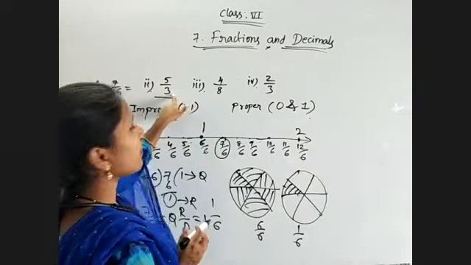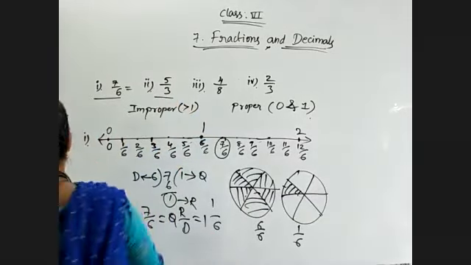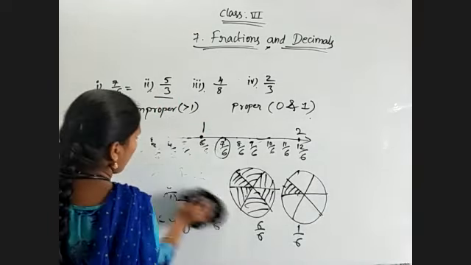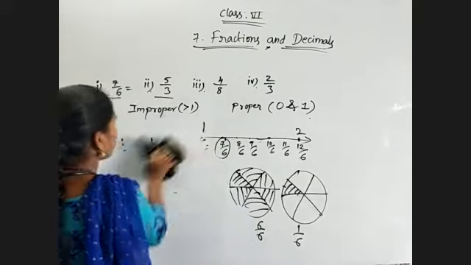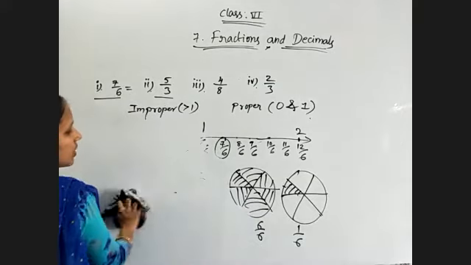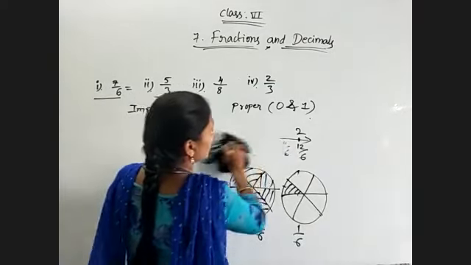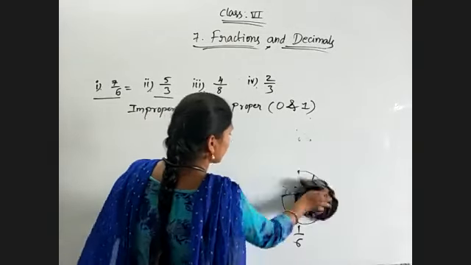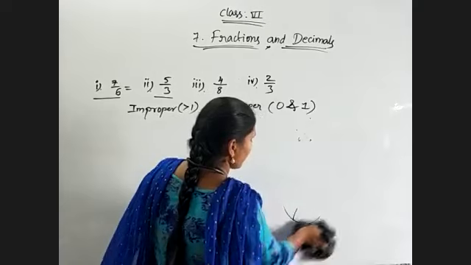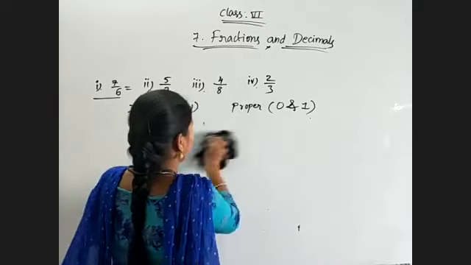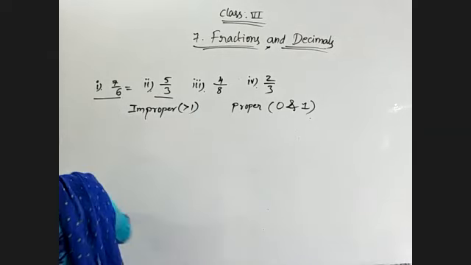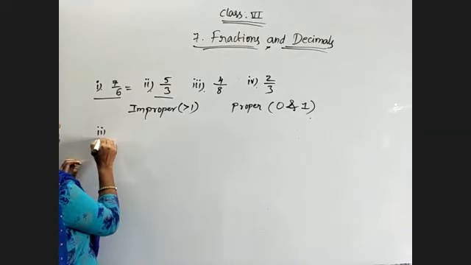Now coming to 5/3, very simple. 5/3 is also improper, which means it is also lying more than 1. Now observe the second problem.